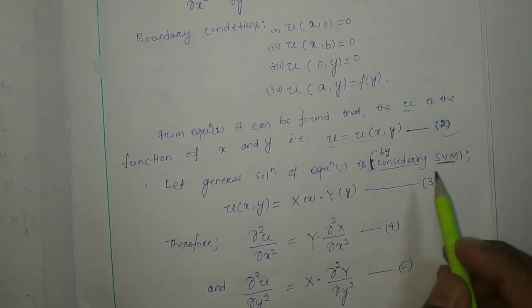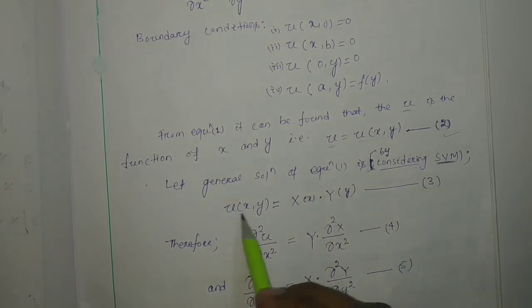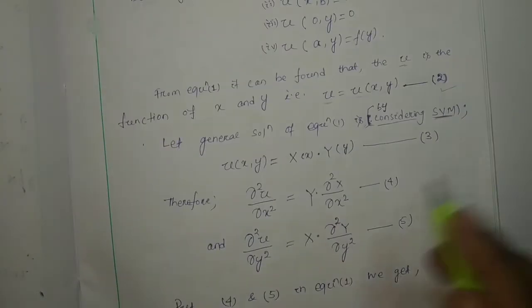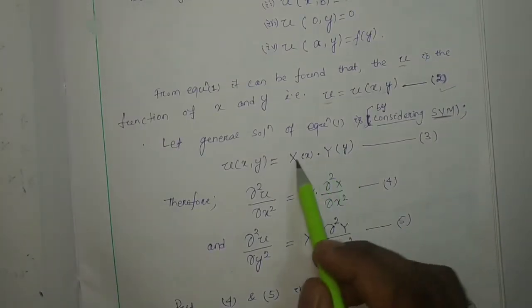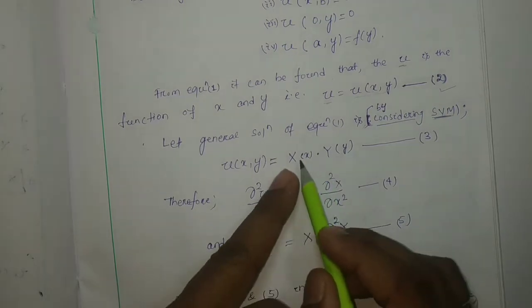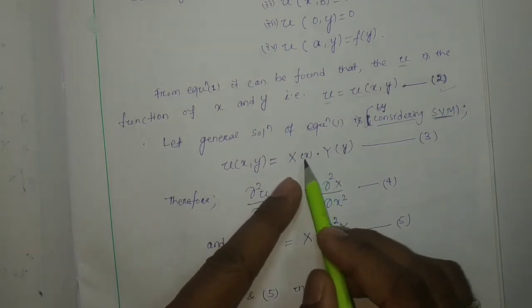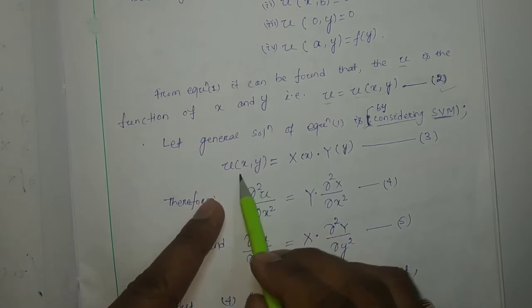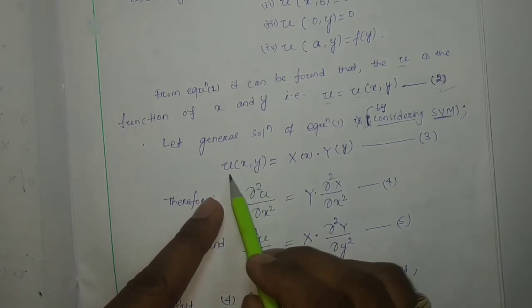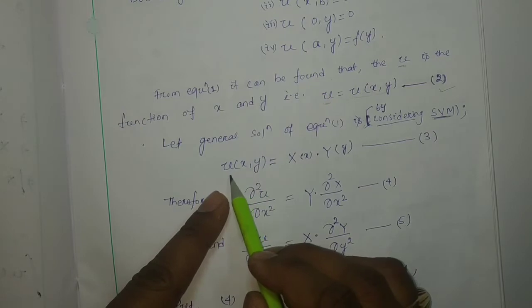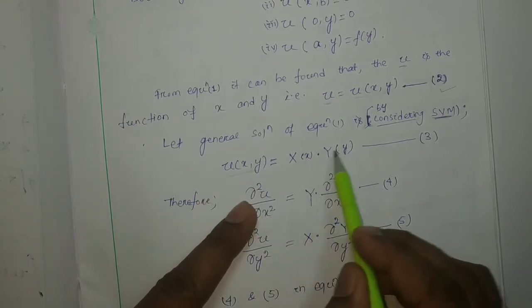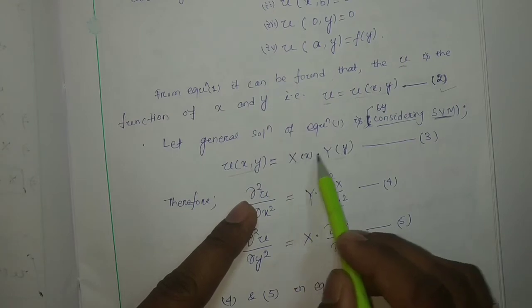The first step is to consider the general solution of a partial differential equation in this way. We have to separate the different functions of the main function. So here u is a function of x and y, and it is written in this format, separated into two different functions, X and Y.